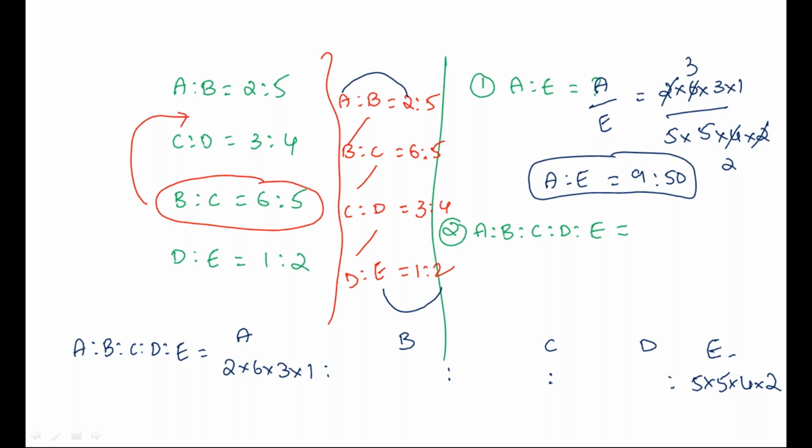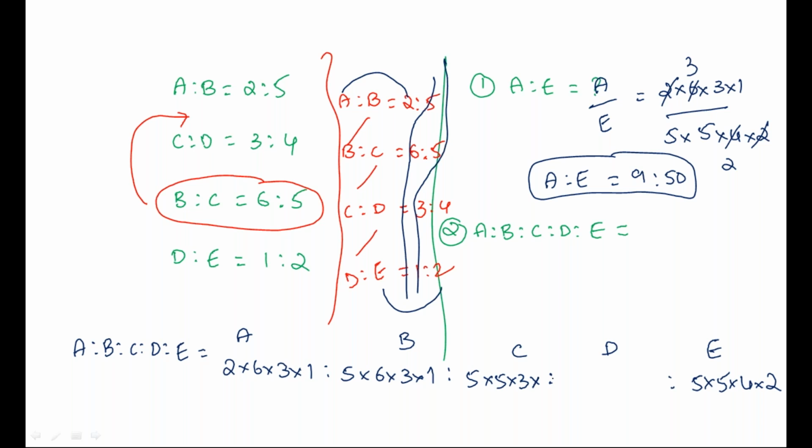Now, see, the method 3 is very useful for you while solving this type of questions. What I said, B is just like moving to the next term. Just you slide by one term, right? 5 into 6 into 3 into 1. C is one more term moving. You can't move directly from left to right. One step you have to move. So 5 into 5 into 3 into 1.